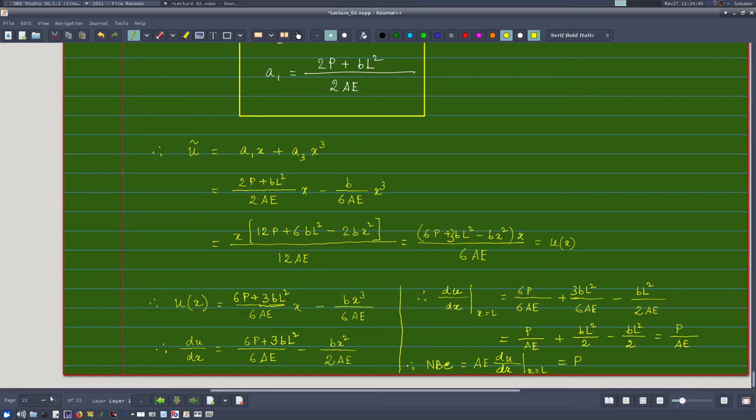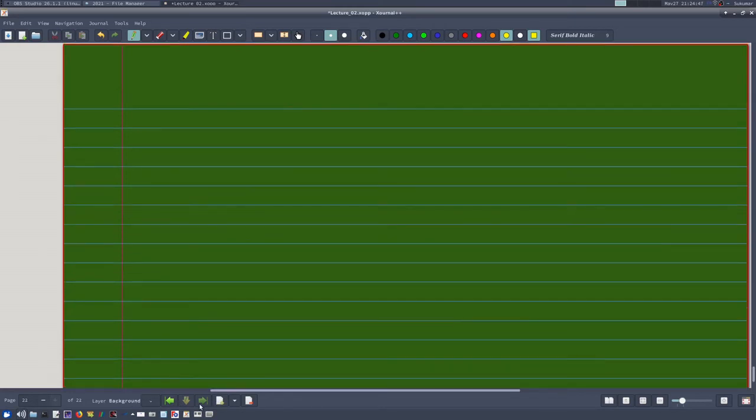So if you are interested, I can give you a table which shows the boundary conditions for cubic, linear and quadratic solutions in a tabular form. Let me write the table for you.